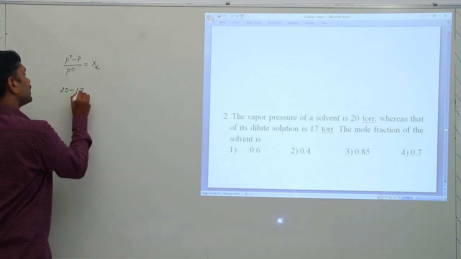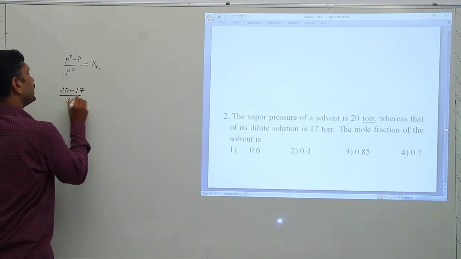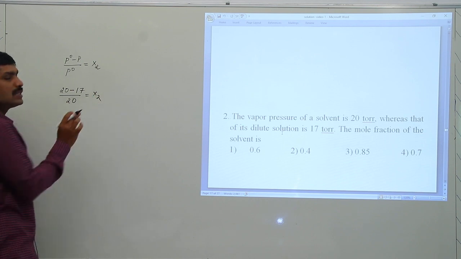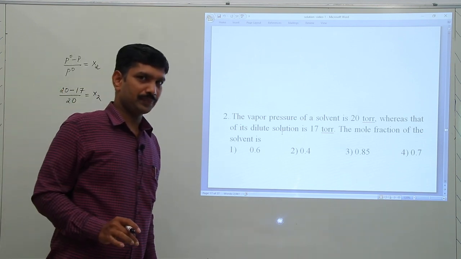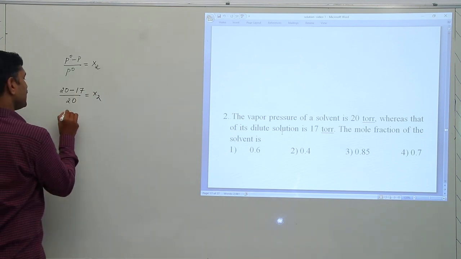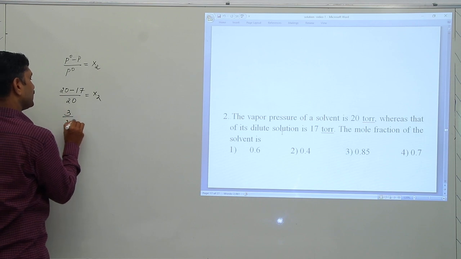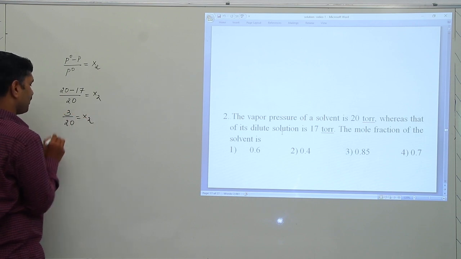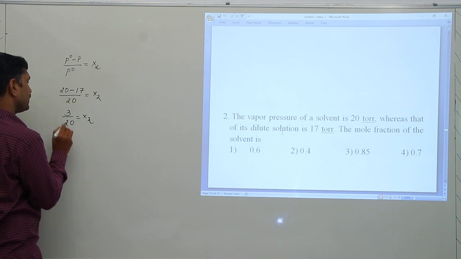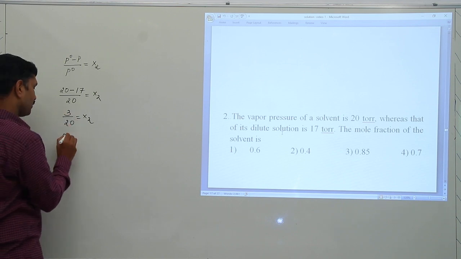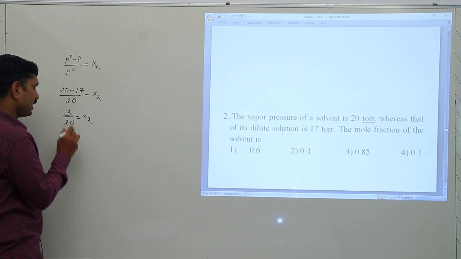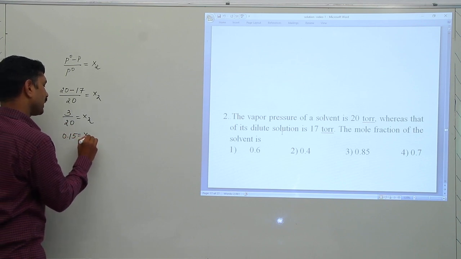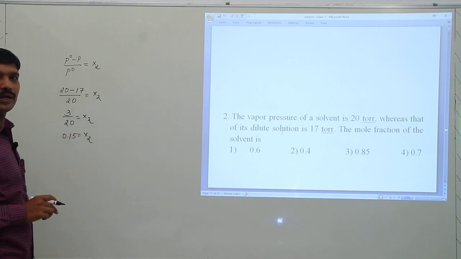So 3 divided by 20 is equal to x2, where x2 means the mole fraction of the solute. If you simplify this, x2 is 0.15. This is the mole fraction of the solute.